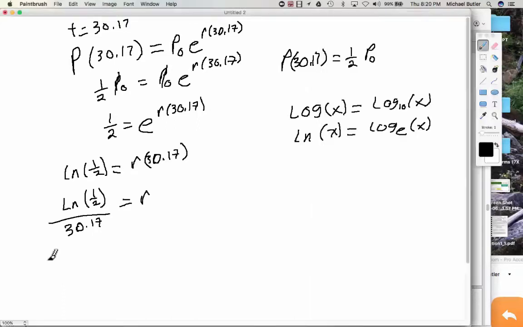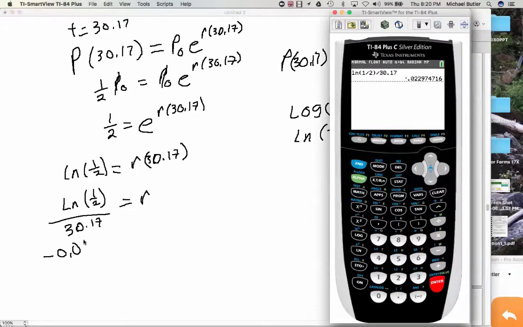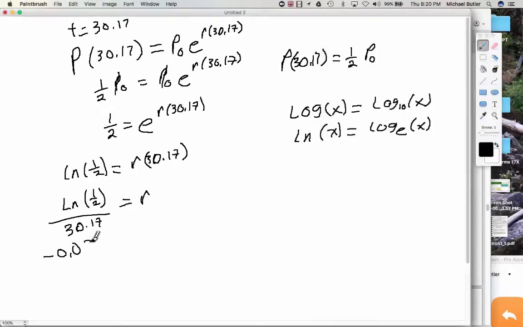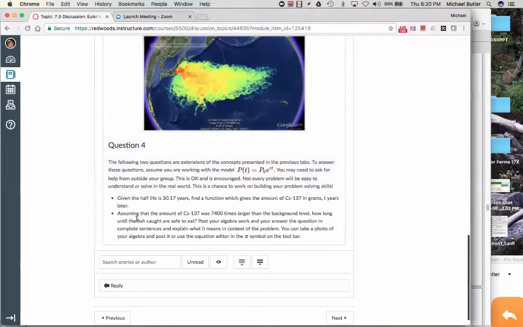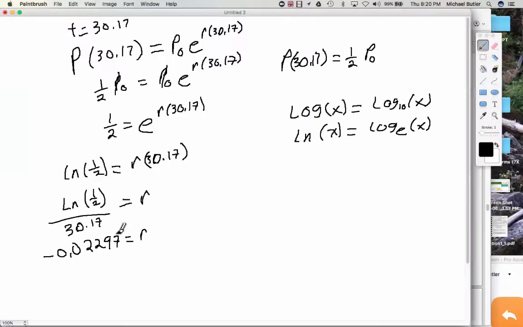So r is negative 0.02297. And I have to go back and look quickly at how many decimal places they tell us to take r out to, but you want to take it out pretty far. These models are very sensitive; small changes in this number make a big difference in the model. So we tend to try and carry it out to like 4 or 5 places.